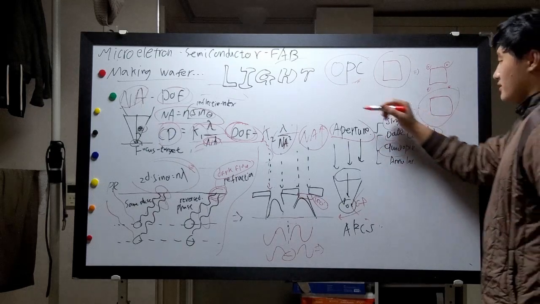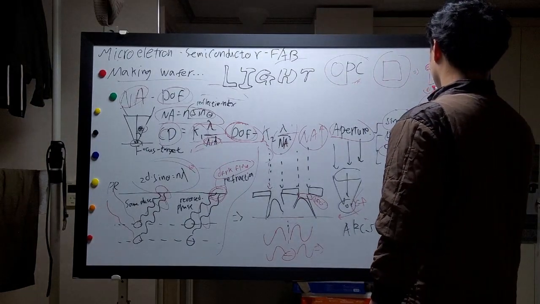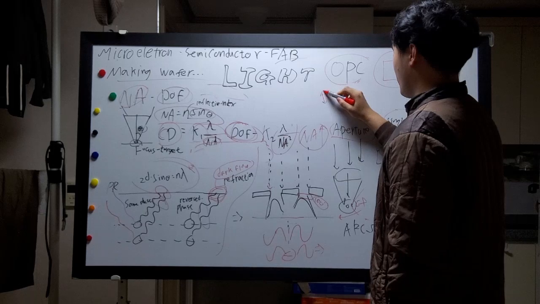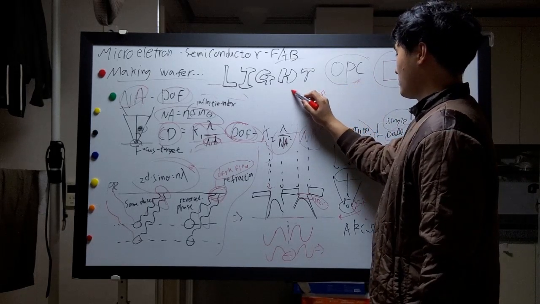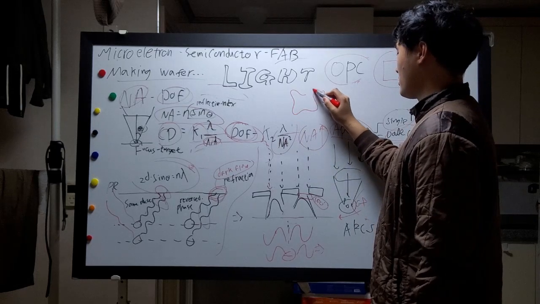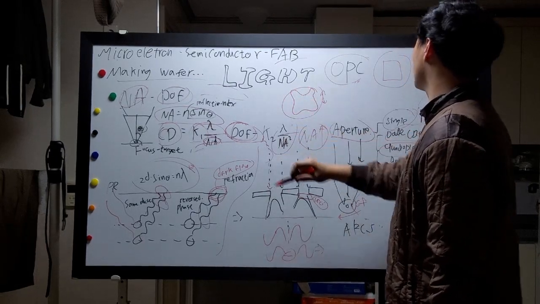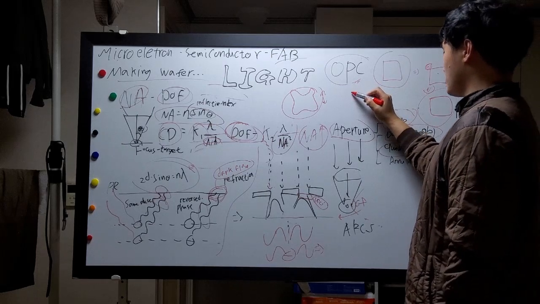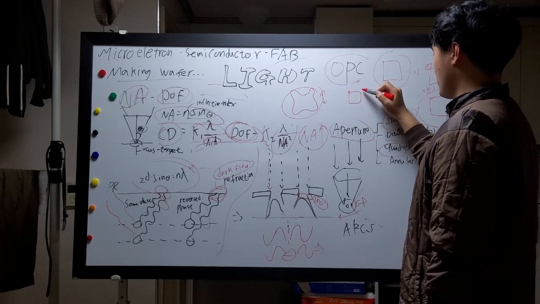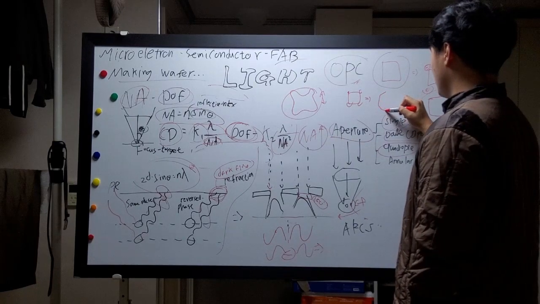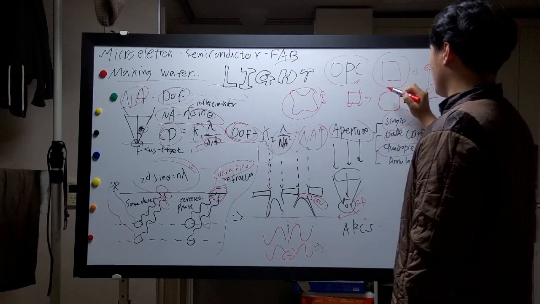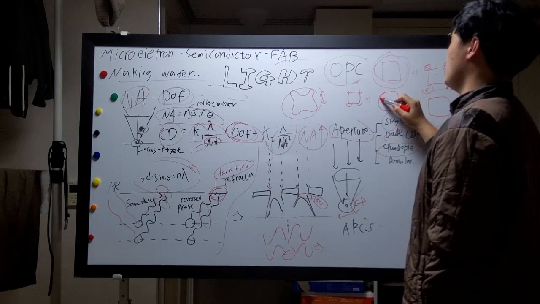So if this additional part is farther from the patterns, then it will be like this, not a square, but not even the wanted pattern. It's more closure, like this. Then maybe similar, maybe better than the original one, but with some rounded area.